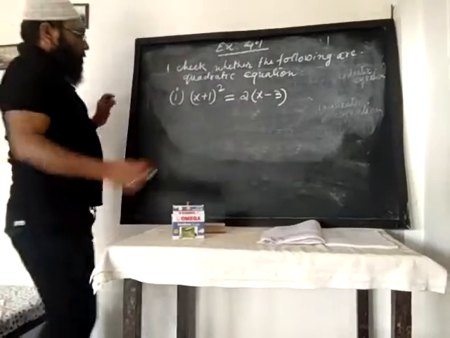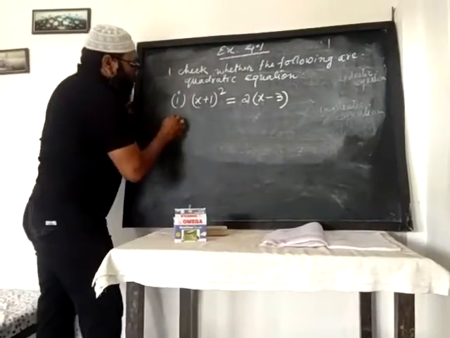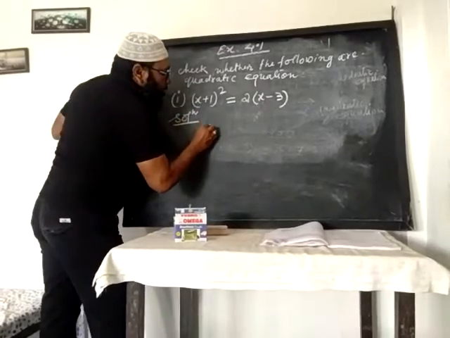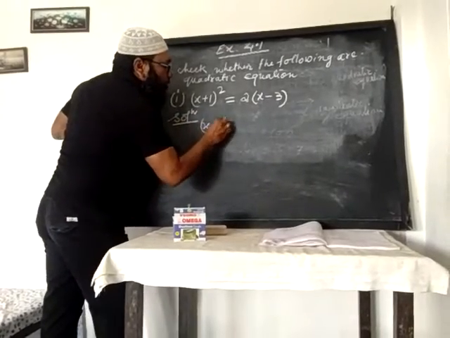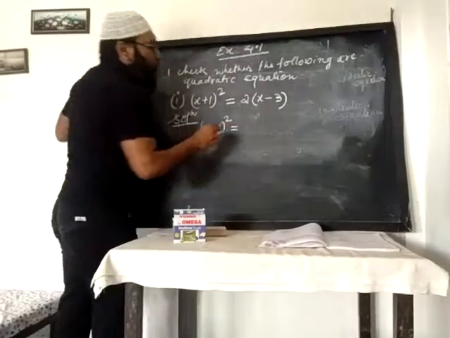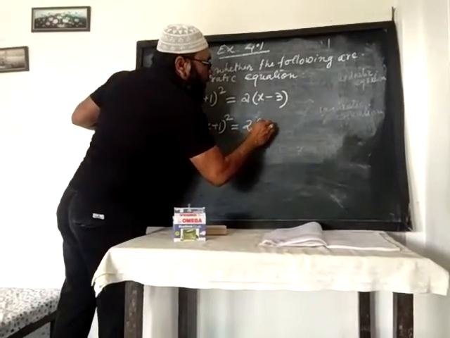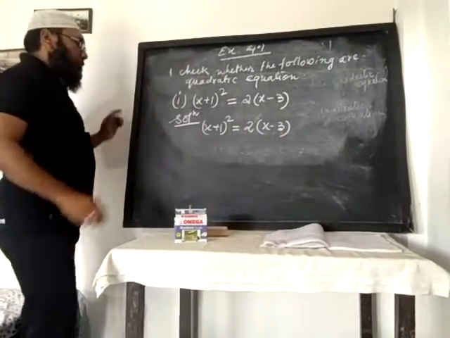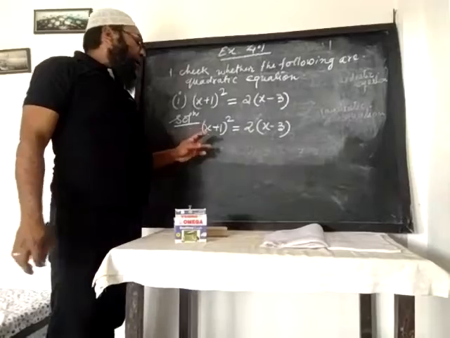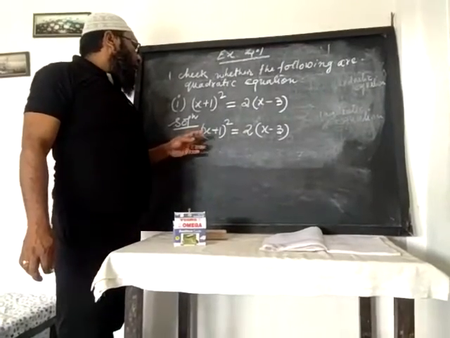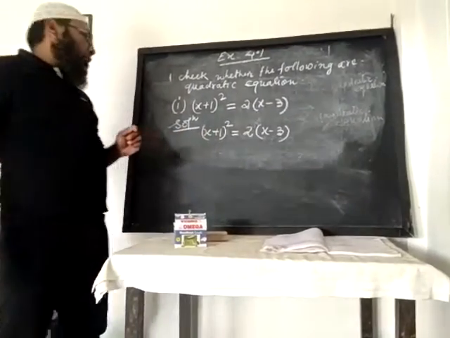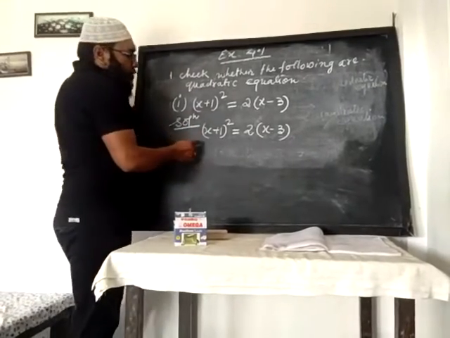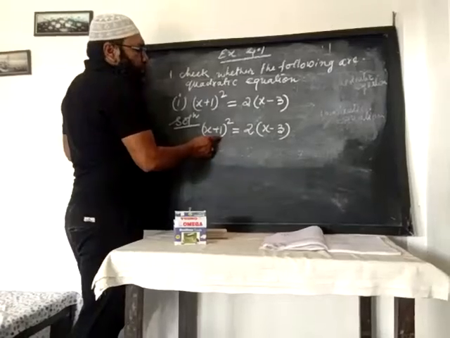Solution. x plus 1 whole square equals 2x minus 3. From the identity we learned in class 9, (a plus b) whole square equals a square plus twice ab plus b square.